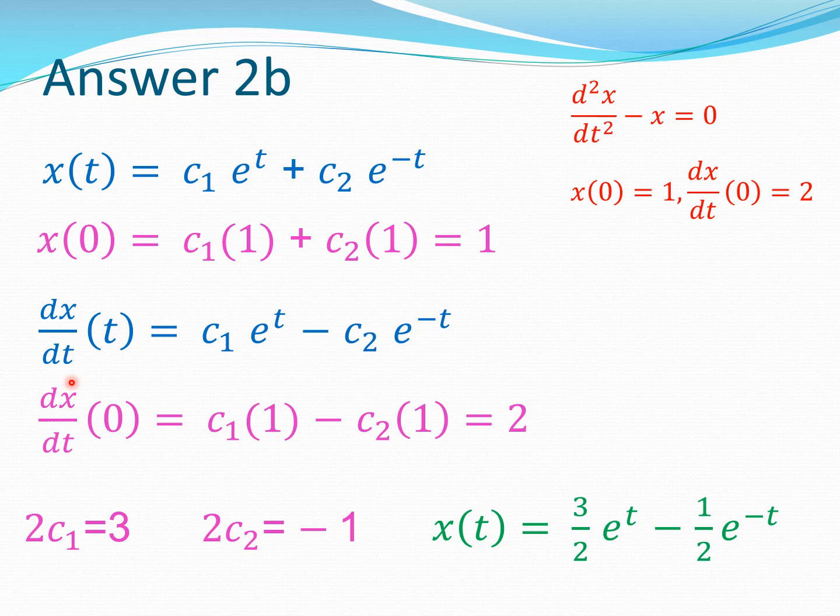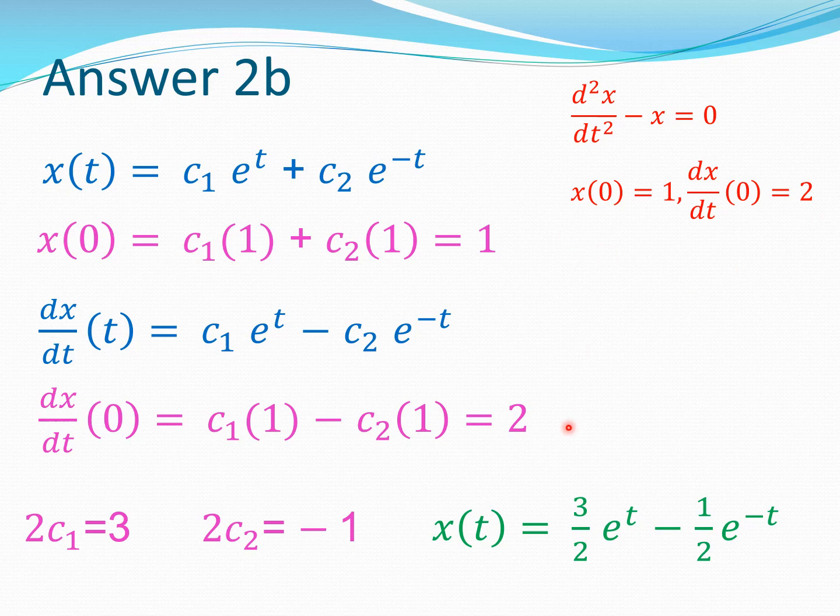And now I take the dx by dt here, so again I calculate the derivative. Of course, a negative term will come here because e to the power minus t when differentiated will throw a minus 1. So I put dx by dt at 0 as this value, and remember this is given as 2.